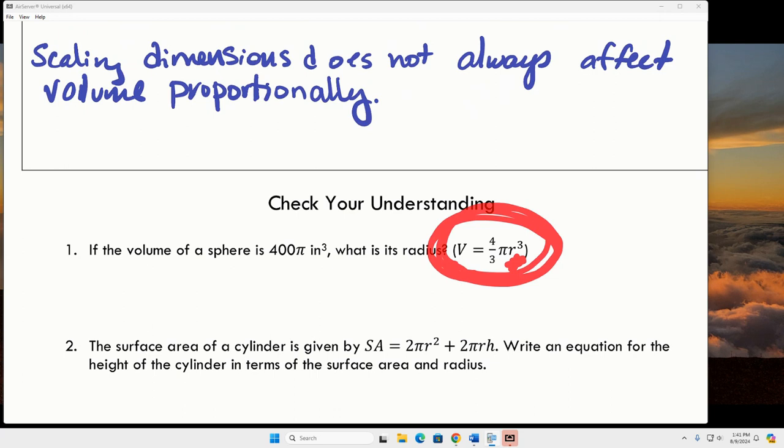What would you guys do first to solve this formula for r? Not yet. We're going to do a cube root, but we're going to wait. What would we do before that? We're going to divide by 4/3 pi. It's going to look messy, but that's okay.